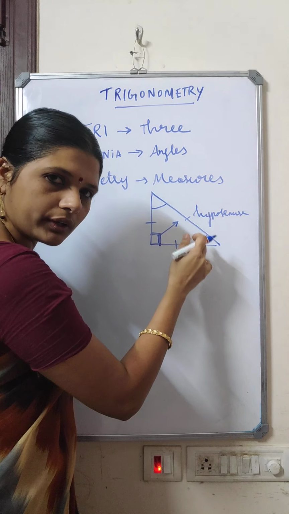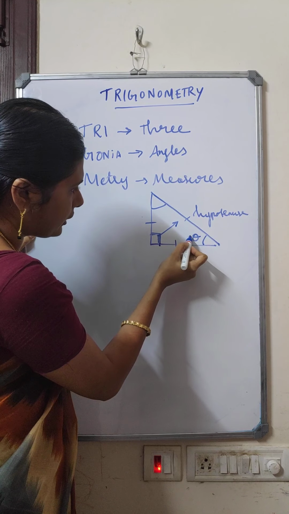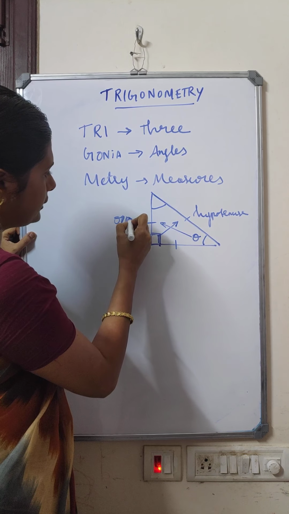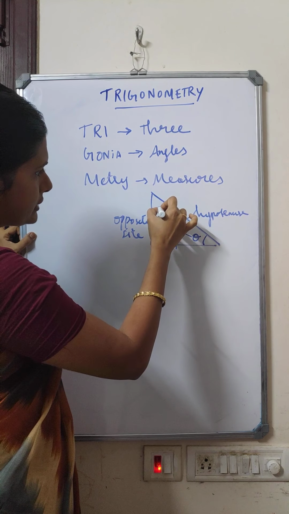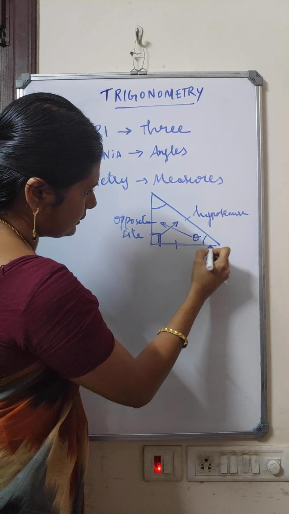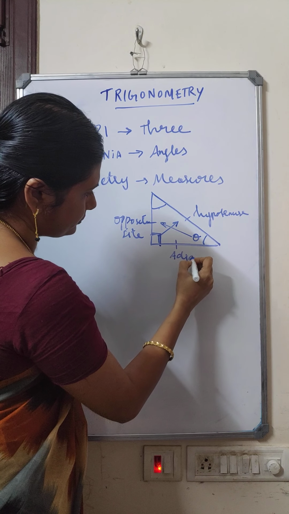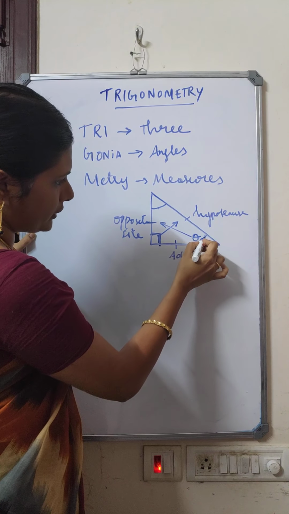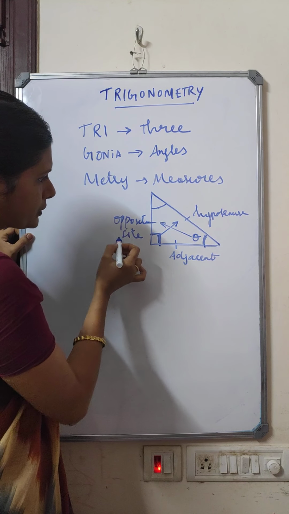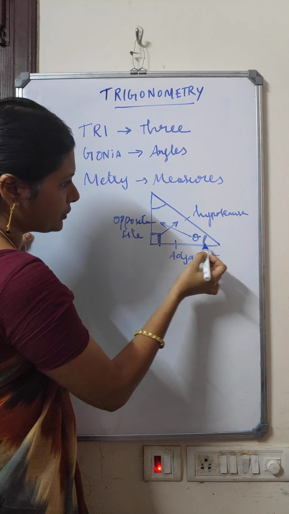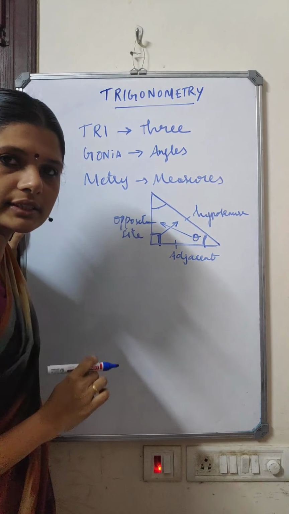If I make the angle theta over here, this is the opposite side, and this is the adjacent side. For theta, first of all, you see theta is here, the side opposite is the opposite side, then the hypotenuse, and the remaining side is the adjacent side.